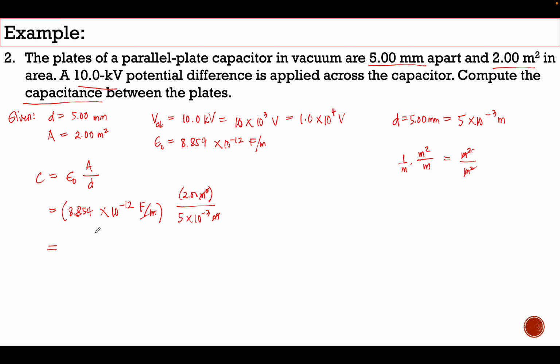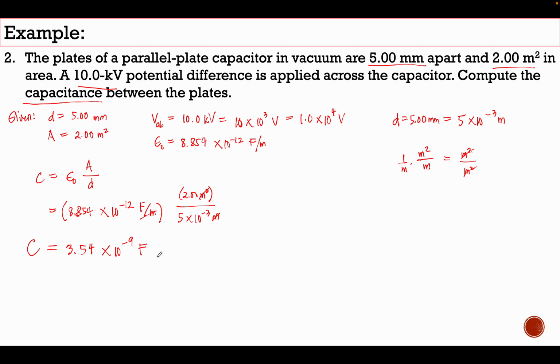Okay, so let's calculate. We have 8.854 times 10 to the power of negative 12 times the area, which is 2, divided by 5 times 10 to the power of negative 3. So our capacitance for these parallel plates is equal to 3.54 times 10 to the power of negative 9 farad.